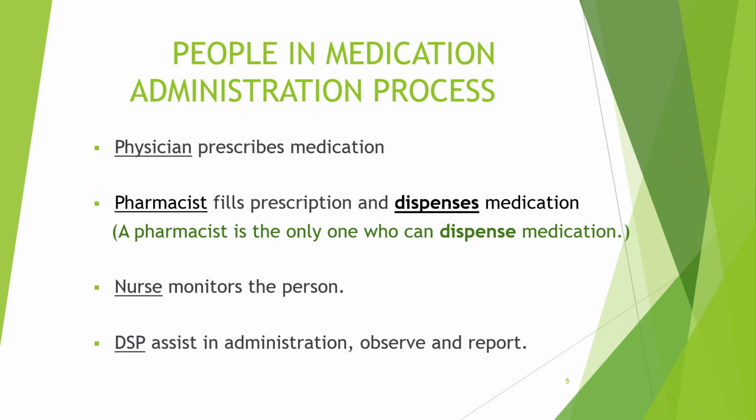People in the medication administration process: the physician prescribes medication. The pharmacist fills the prescription and dispenses medication. A pharmacist is the only one who can dispense the medication. The nurse monitors the person, and the DSP assists in administration, observes, and reports.